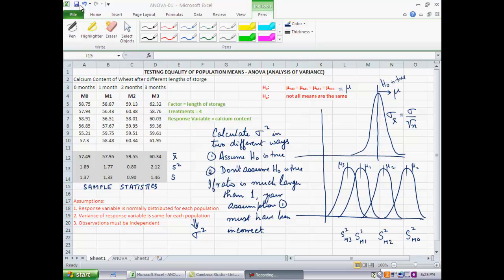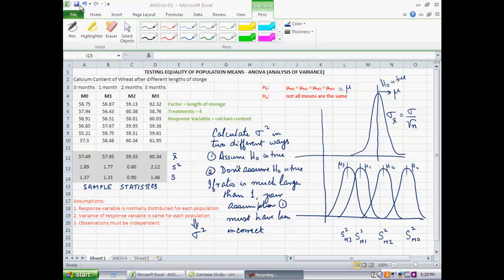In this case, where we have just started, we will use analysis of variance to test for the equality of means of multiple populations. It may seem a bit of a contradiction at first, but we'll come back and try to explain that. Why is it that when we're looking to test for the equality of means of multiple populations, why are we talking about variance? So I'll keep that on hold for a few minutes.